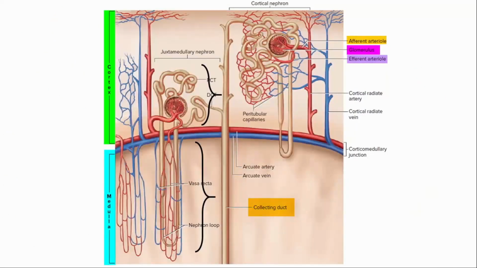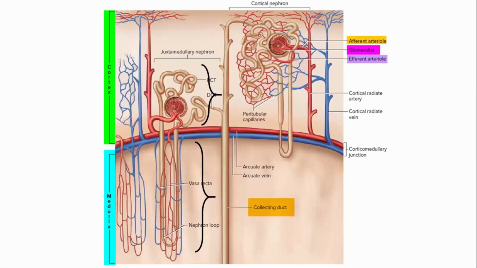Now we know that in the kidney we have cortex and medulla. And now we know that the functional unit of the kidney is a nephron, and we know the parts of the nephron, and there is a question here. Can we find renal corpuscles in the cortex? The answer is yes, of course. This is their home.